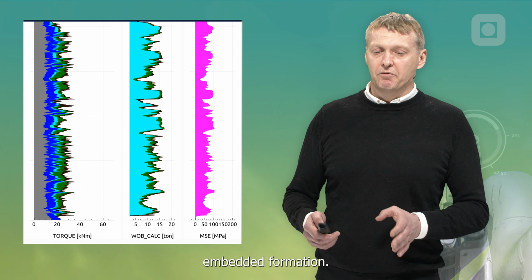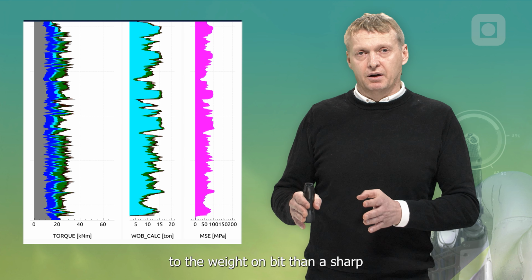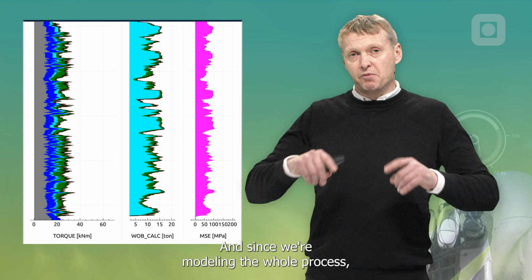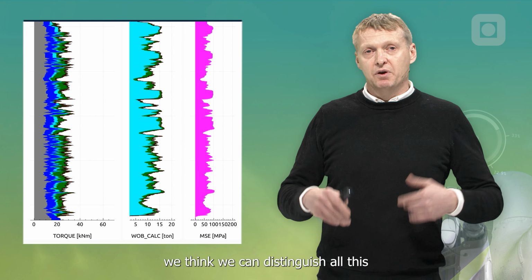So what we think we can do with all this is we can say something about how hard the formation is, and more importantly, we can also say something about when the bit is actually getting dull. Because a dull bit is having less torque response to the weight on bit than a sharp drill bit has. And since we're modeling the whole process, we think we can distinguish all this and try to figure out when our bit is getting dull.